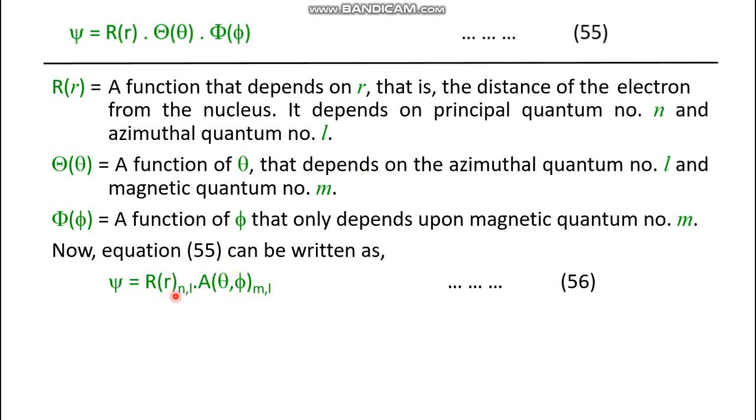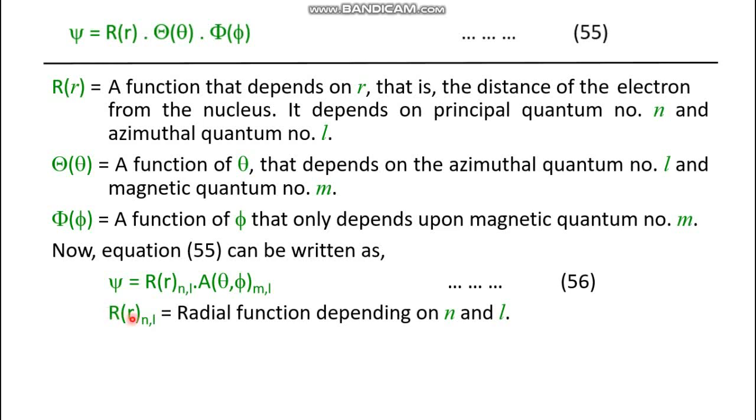So the radial function is a function of r, which depends on n and l, into the total angular function, that is the function of theta and phi, and it depends upon the azimuthal quantum number and the magnetic quantum number. So this is equation number 56.